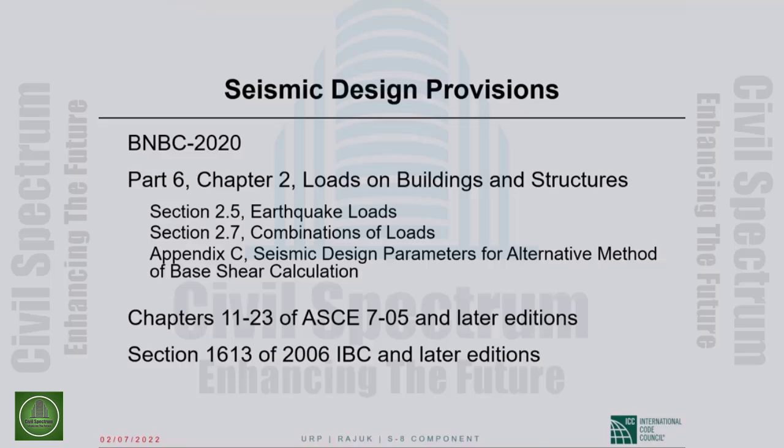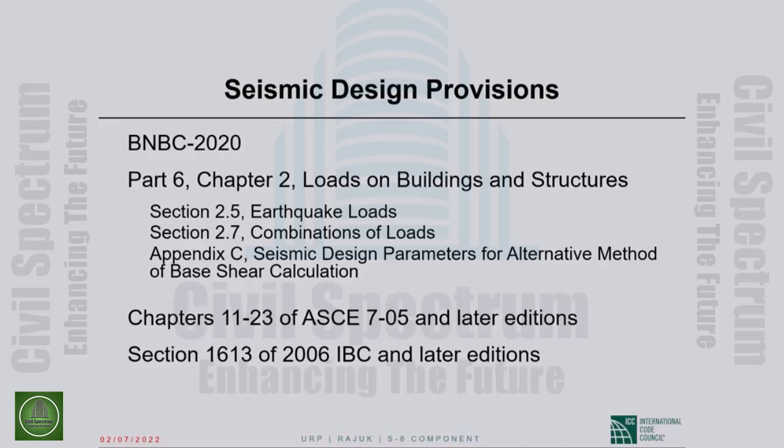Any kind of design involves combinations of loads. Appendix C is entitled Seismic Design Parameters for Alternative Method of Base Shear Calculation. So in BNBC, we will use all those sections: section 2.5, earthquake loads; 2.7, combinations of loads; Appendix C, seismic design parameters for alternative method of base shear calculation.